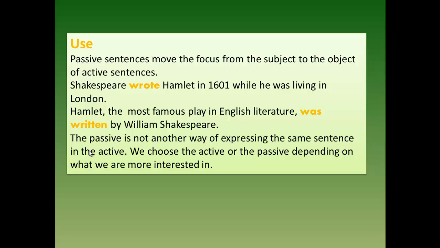If I want to make it passive, I will say: Hamlet, the most famous play in English literature, was written by William Shakespeare. Here I am focusing on Hamlet, which is the object of the previous sentence. I don't focus on the subject, who is Shakespeare.